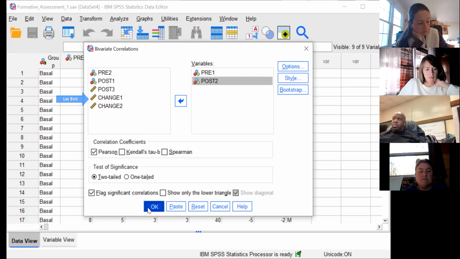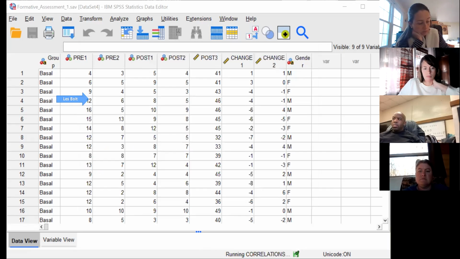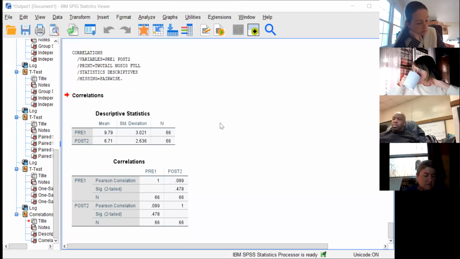And okay, now let me go over to the output file. And here's the output file. Pre-post, same values as before.